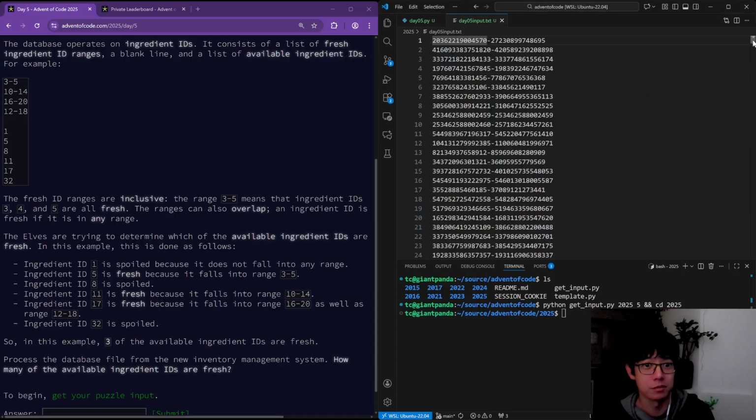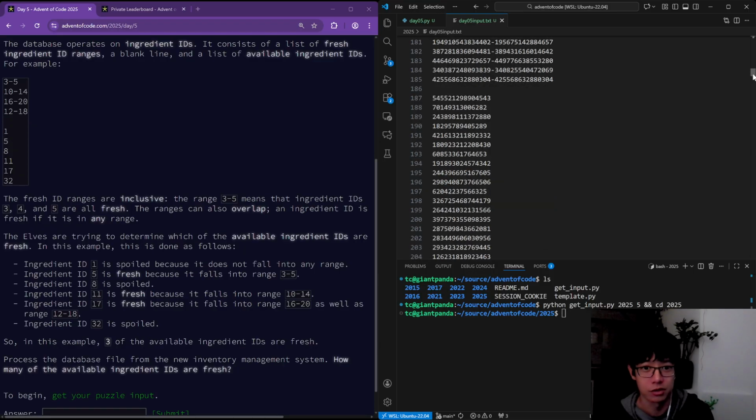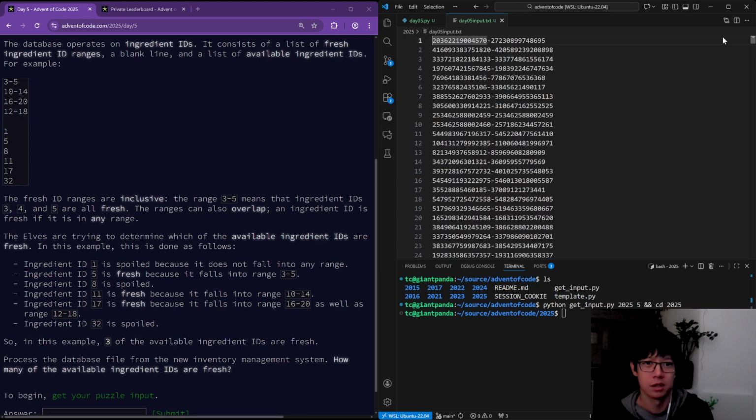How big is our input? We have 185 ranges. Still not too many. Oh, it's like 1,000, but even if it's n times m, that's okay. Although you probably do need to do some range merging to make this go faster to avoid the overlapping system.